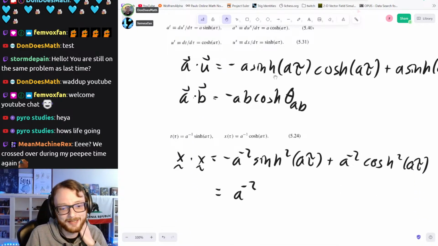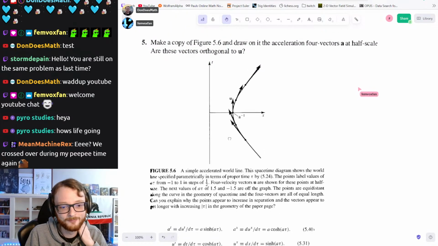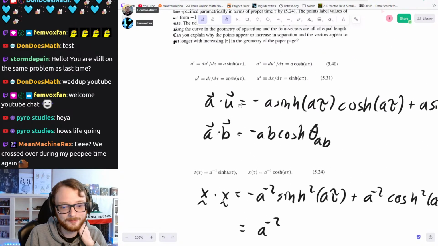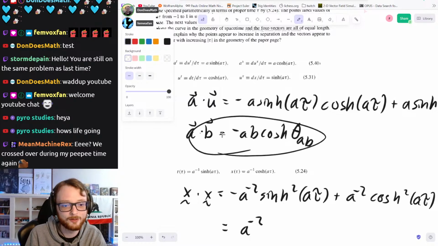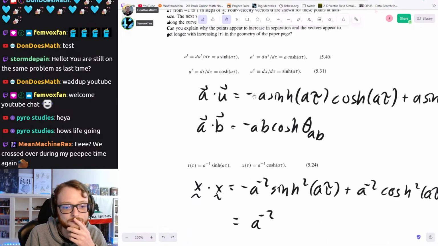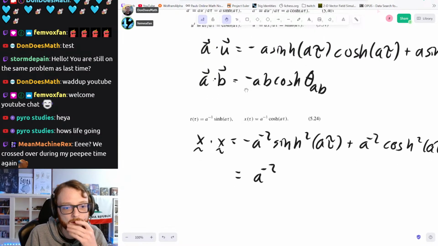But if I do x dot x, I get a to the negative 2, which I guess is a positive number, which would mean space-like. It's probably not all that important for the actual question. This is just in connection to the minus AB cosh theta thing. Well now wait a sec. That X you just dotted with itself was just a component, wasn't it? I don't think that was a vector. Does that make a difference?